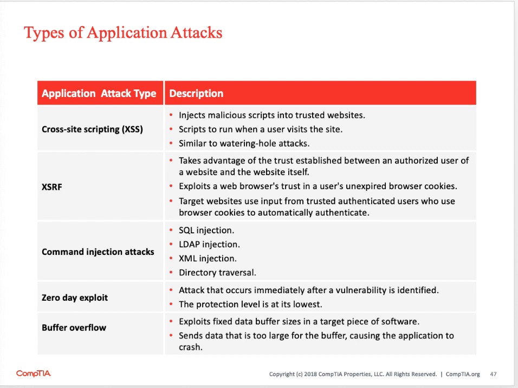Since that website is trusted, the victim's browser grants the script the same permissions as the rest of the site, and so the malicious code is then able to run. Cross-site scripting attacks are similar to watering hole attacks in that when somebody goes to this website, the malicious code then runs, right?